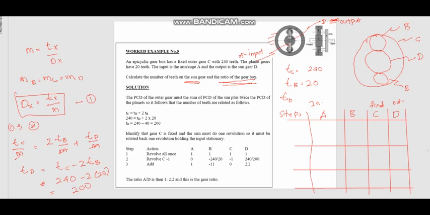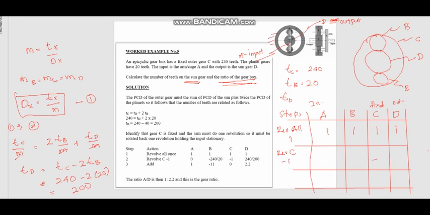For the first step, as we did before, revolve all by one. So A is 1, B is 1, C is 1, and D is 1. Then we identify the fixed gear, which is C. So we need to revolve C by minus 1.